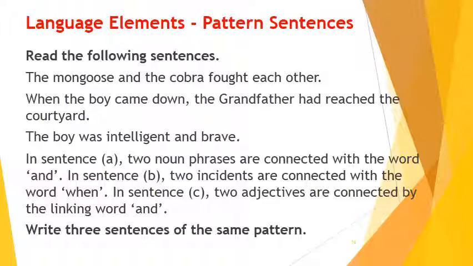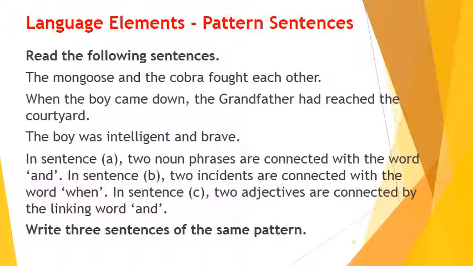See the third sentence. The boy was intelligent and brave. Intelligent and brave are two adjectives. So, connecting two adjectives using the word and, they should be similar type of adjectives. Then only we can connect with and. If they are opposite in meaning, we cannot connect them with and.